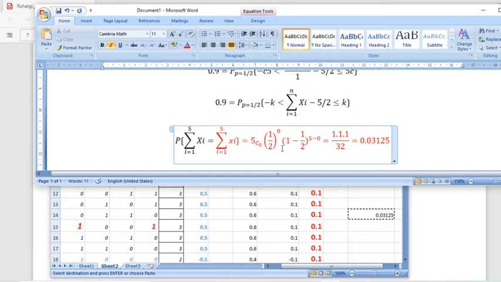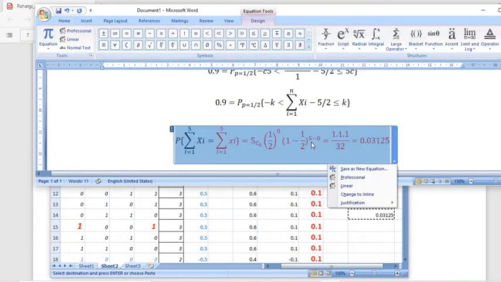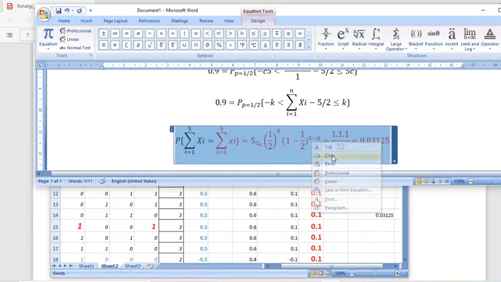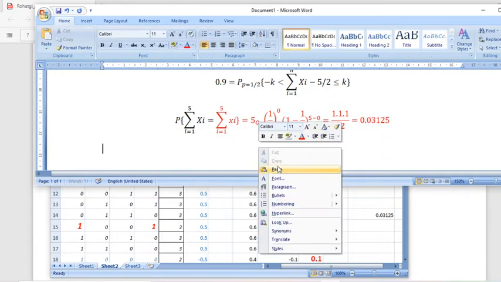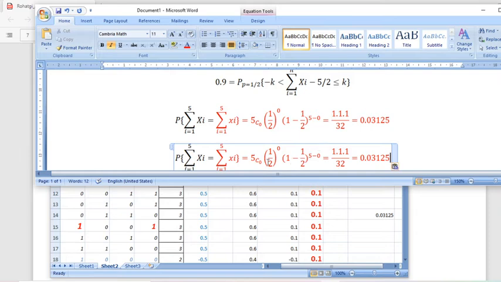When summation x equal to 1, what happens?